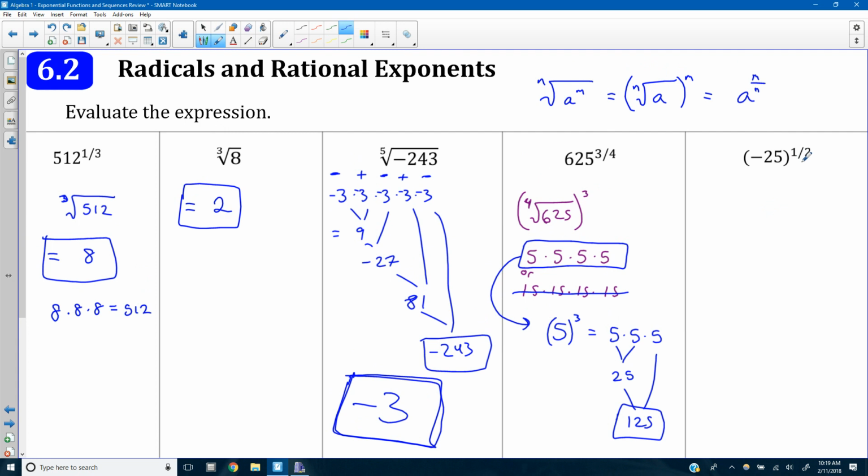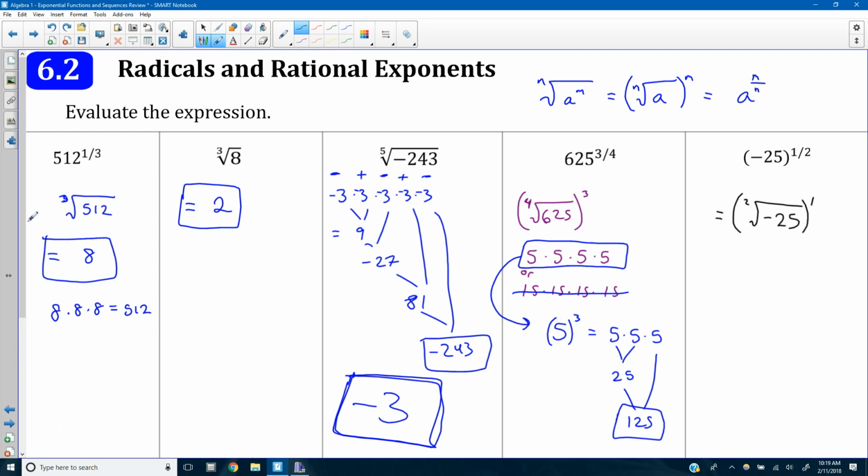Last one, negative 25 to the 1/2 power. Okay, so this has a couple things to make mention of. First of all, if I do a transformation from this to something like this, that's fine. Notice how this is in parentheses. That means the negative goes inside the root, inside the radical with the 25. Negative 25. Now, I could write something like a 2 right here and a 1 right here.